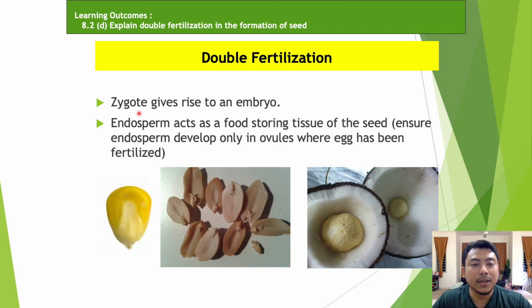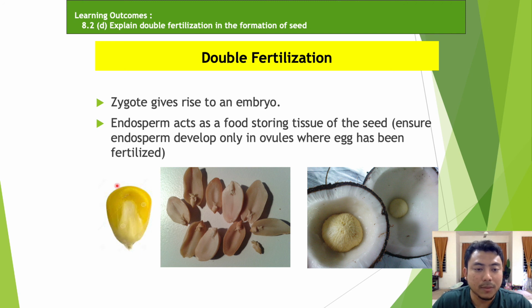So zygote will give rise to an embryo. Okay. So endosperm acts as a food storing tissue of the seed. This is to ensure endosperm develops only in ovules where the egg has been fertilized. Okay, maksud dia macam ni. Just now, where we can find this endosperm is actually inside the seed. So for example, this kernel here, the part where the zygote becomes an embryo is only this part here.